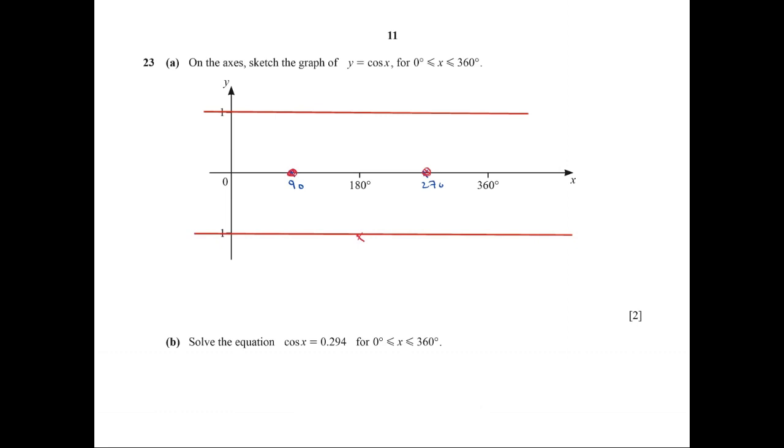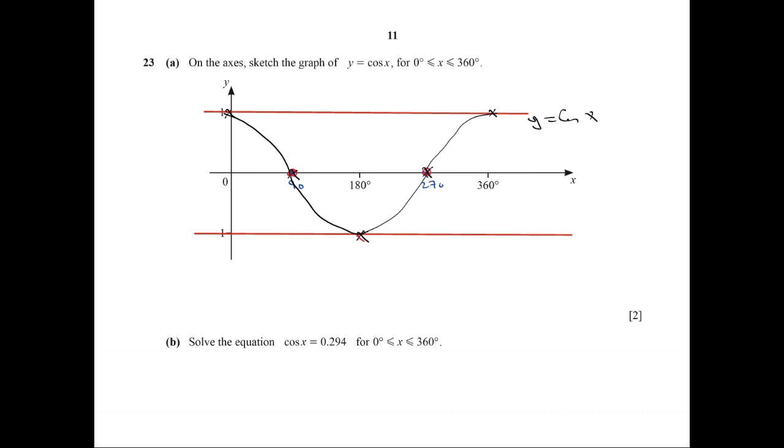Now we have to draw 0, 1; 90, 0; 180, -1; 270, 0; 360, 1. We all memorize this. You don't have time to draw a table and plot these numbers. This is the graph of y equal cosine x.